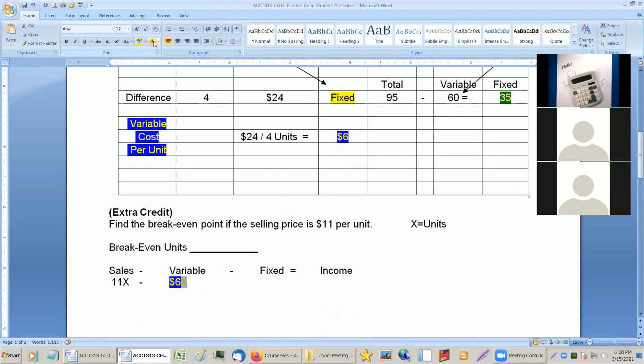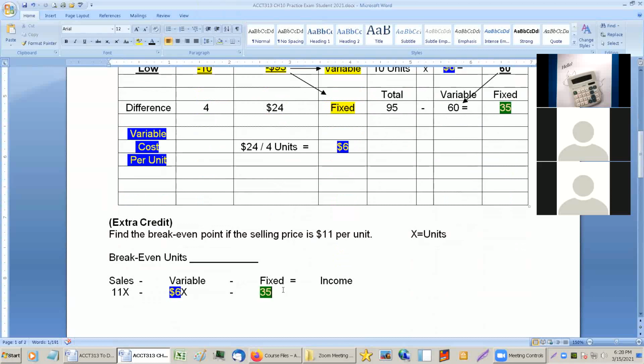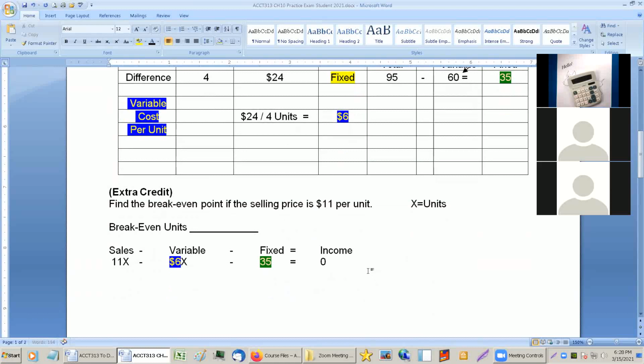Oopsie daisy. That looks more confusing. Minus the fixed cost, which is 35, equals, at break even, 0. Let me make that look a little better.